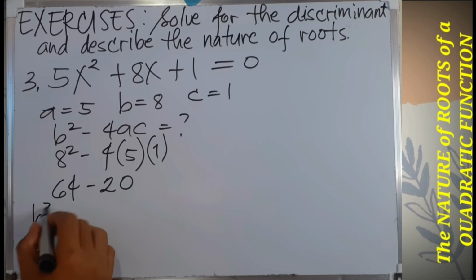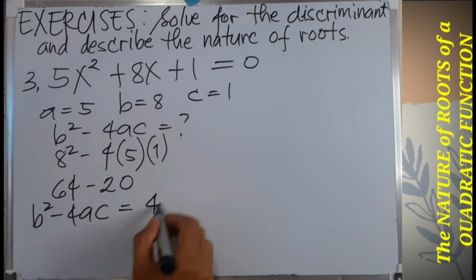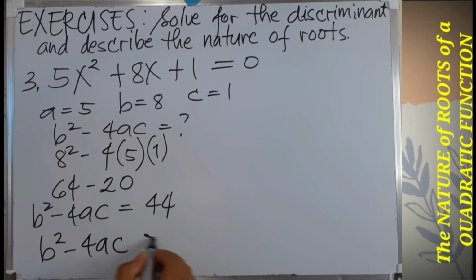So, b squared minus 4ac equals 44. Since 44 is positive, the discriminant is said to be greater than 0.